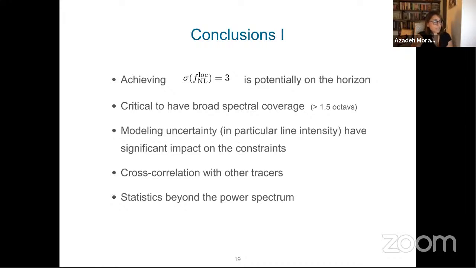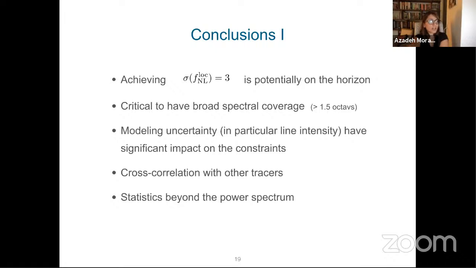To summarize this part on intensity mapping, achieving FNL below order unity is possible, but it seems challenging and farther on the horizon, while achieving FNL of order a few, which, just to give you a reference point, would be similar to upcoming galaxy surveys like Euclid and DESI, is potentially on the horizon, and it may be possible to achieve it even with non-specifically designated surveys, like the results that I just showed before.